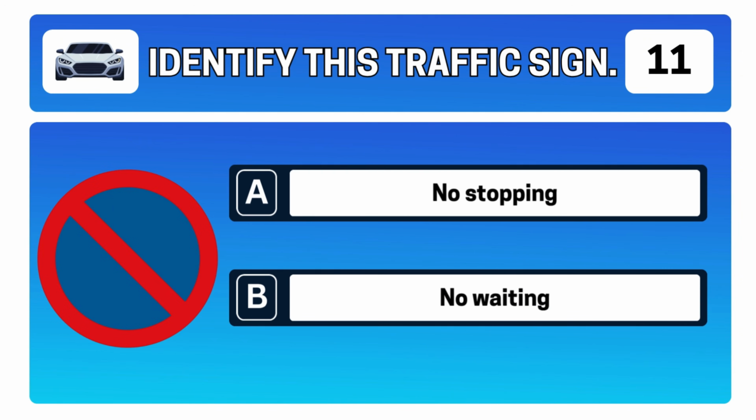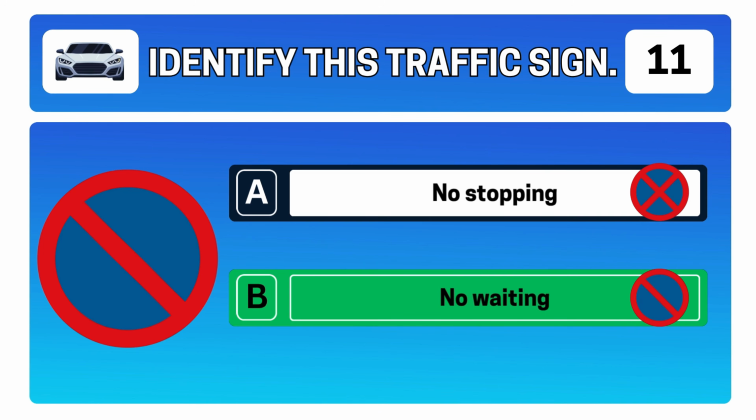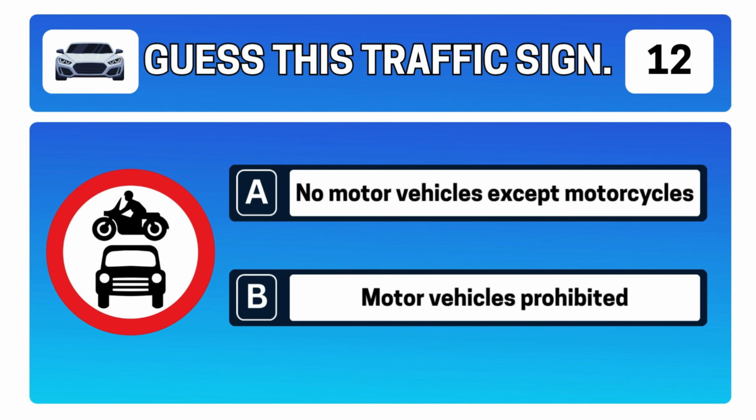Identify this traffic sign. A. No stopping. B. No waiting. Perfect. It is the no waiting sign. Guess this traffic sign. A. No motor vehicles except motorcycles. B. Motor vehicles prohibited.